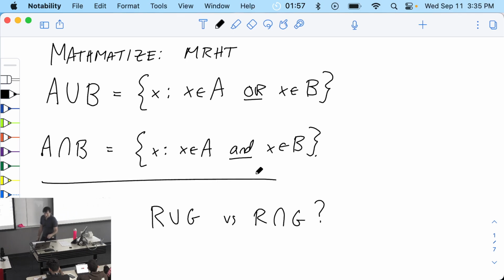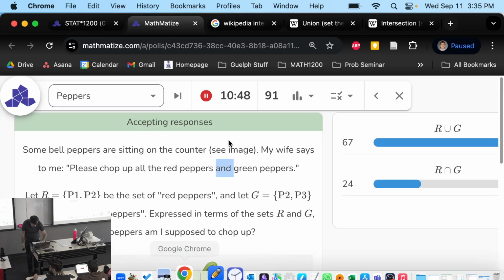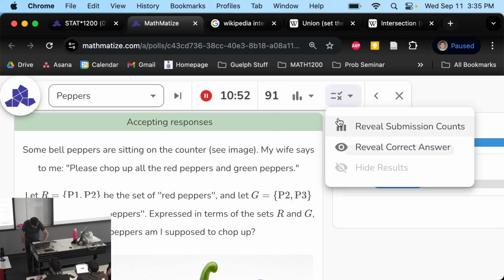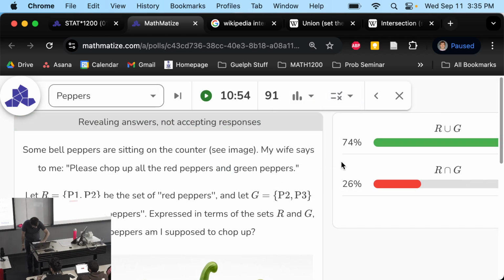And that's because you guys are right. Let me show the right answer. So you're absolutely right. Almost everyone got it, 74 to 26. Even though the question has no ors in it, and it has an and, you guys correctly figured out the right answer is the one with an or.